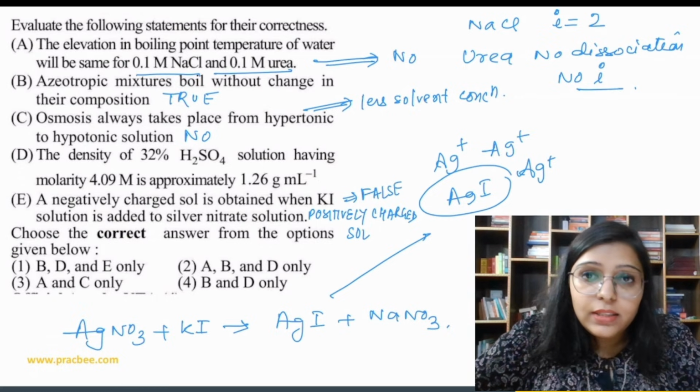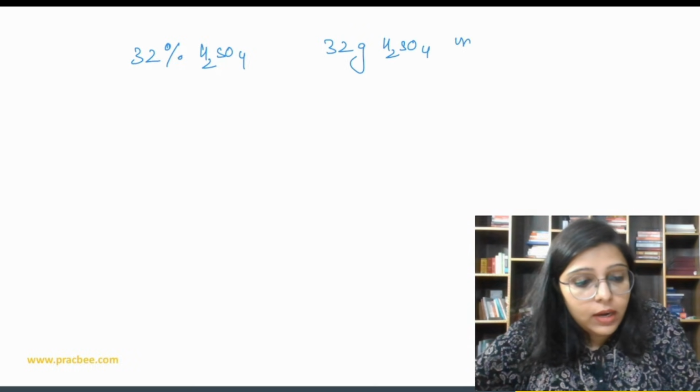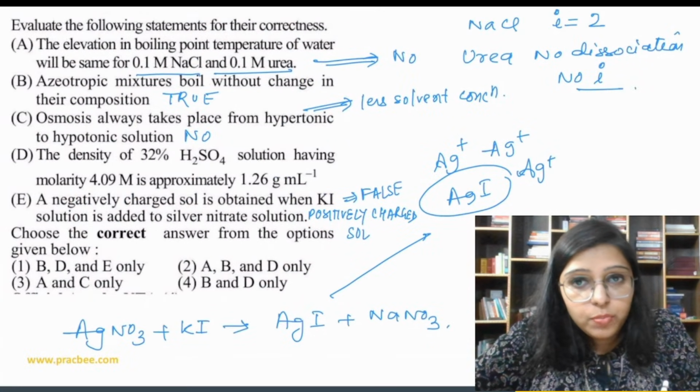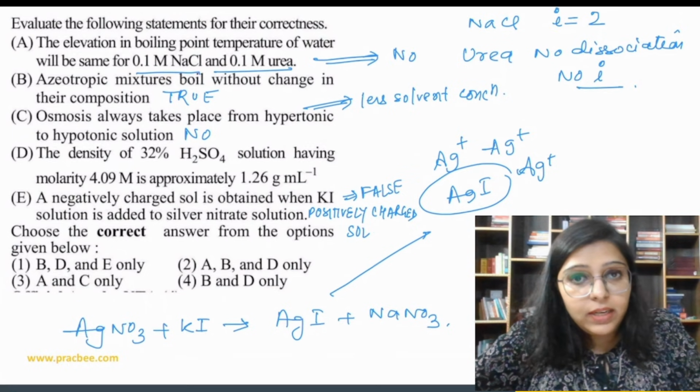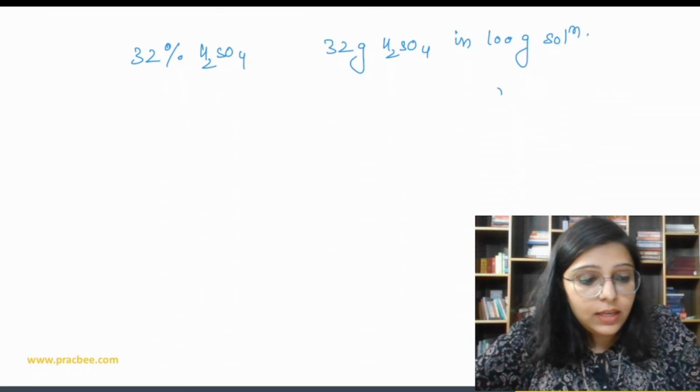D part says the density of 32% H2SO4, meaning 32 gram H2SO4 in 100 gram solution, having molarity 4.09 molar, is approximately 1.26 gram per ml. So density is given 1.26 gram per ml.